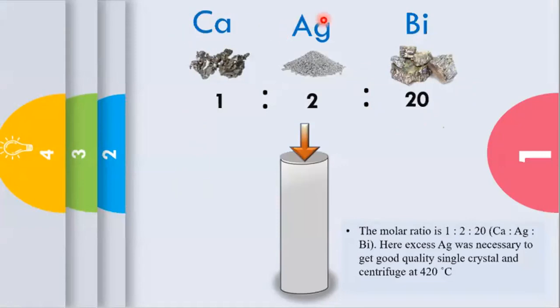To grow this calcium silver bismuth, I tried 6 times. At the 6th time, I got it using this ratio. If you take the bismuth as something like 10 instead of 20, you may not get it.